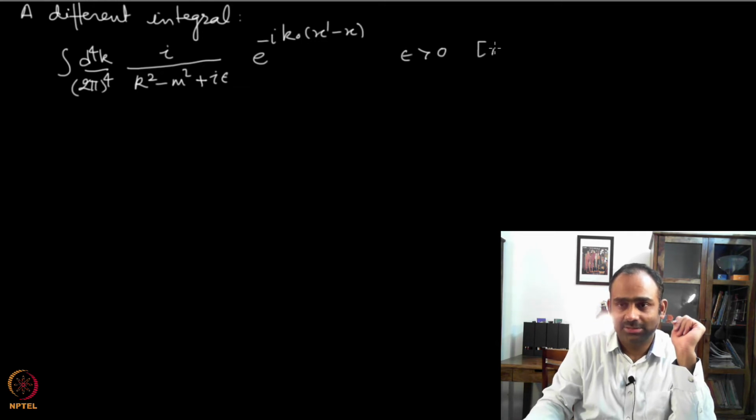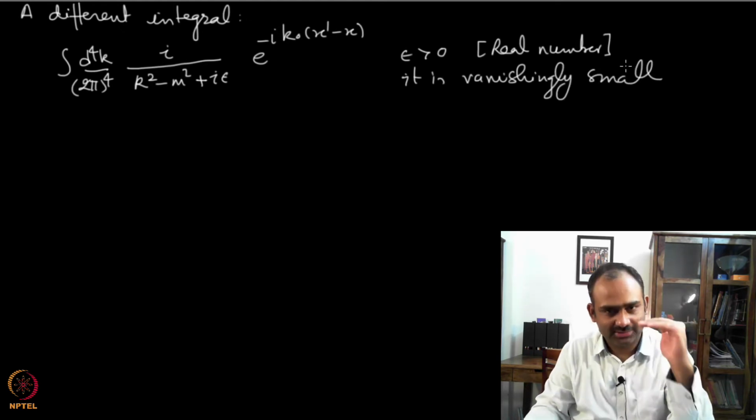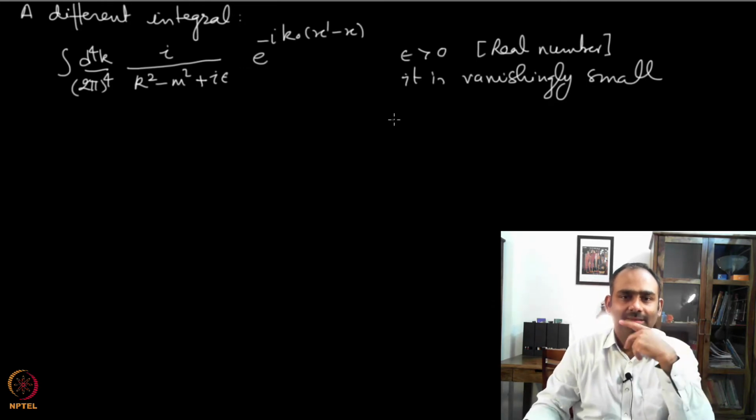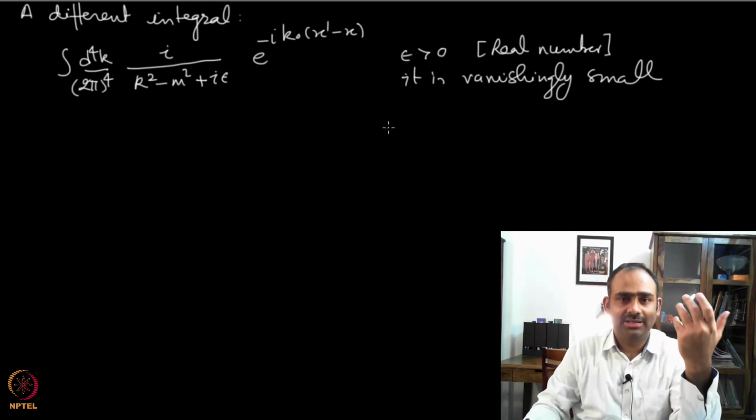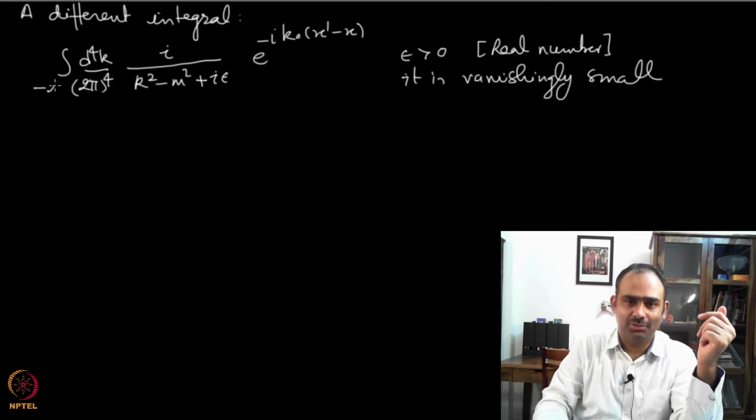Okay, it is a real number, I need a real quantity, and it is vanishingly small. Okay, so, it is very small, and let us see whether this integral is defined or not, whether we still have poles on the integration contour, and of course, we do not have because of this i epsilon.